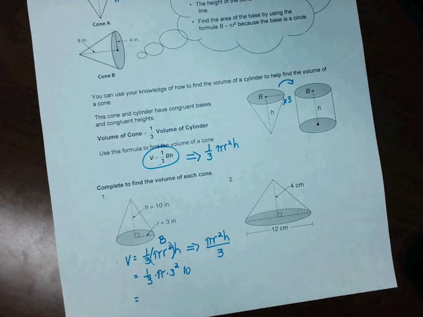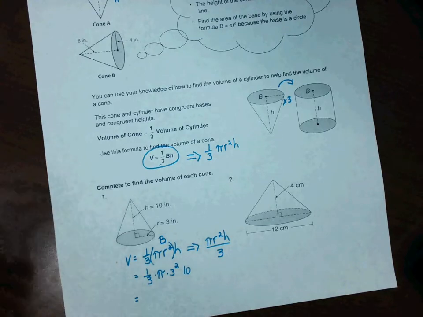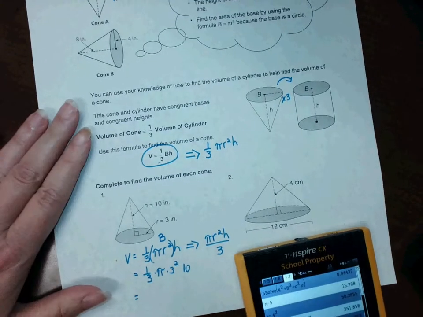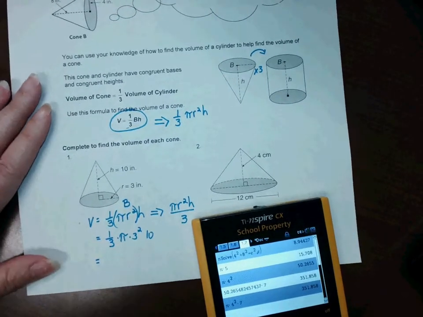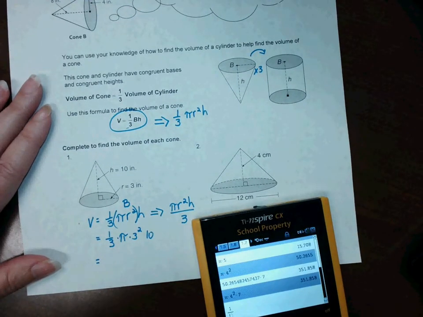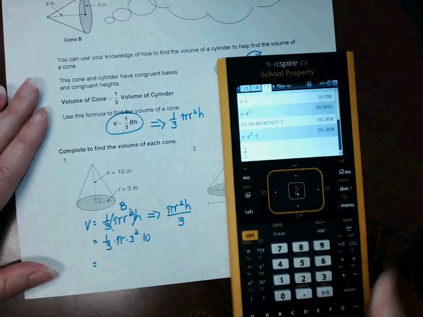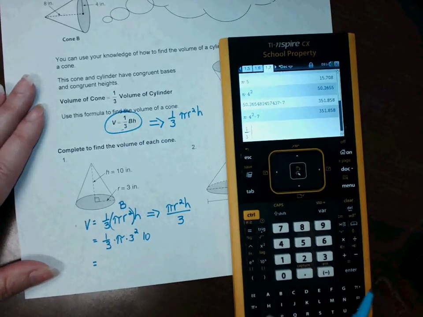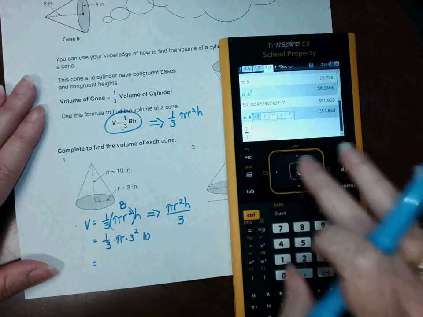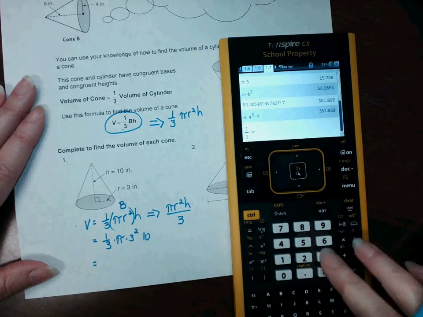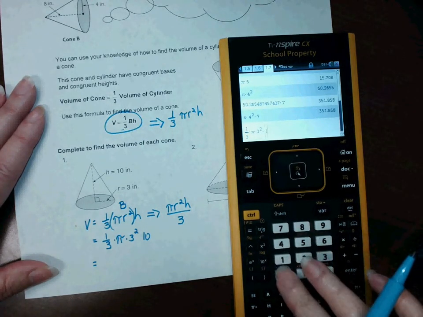And then let me get a calculator. All I've got to do with this calculator is do 1/3 times, here's my pi key down here, times pi, times 3 squared times 10.